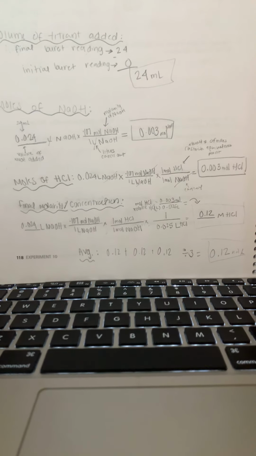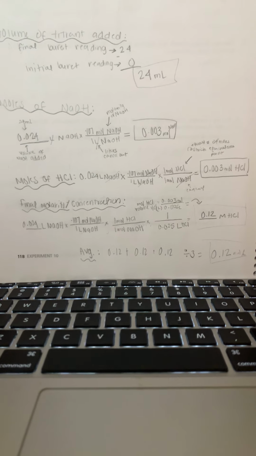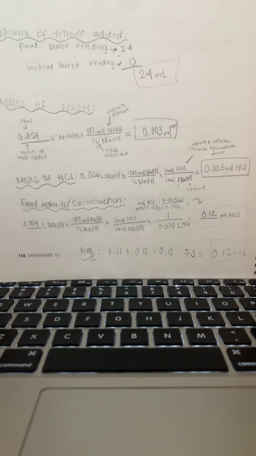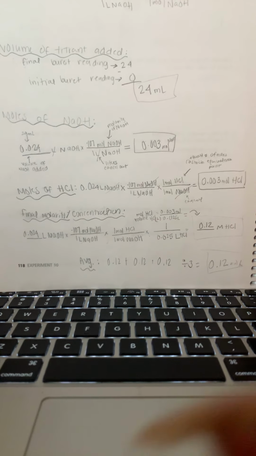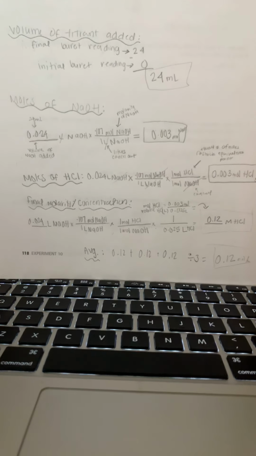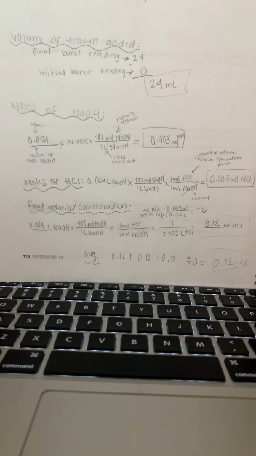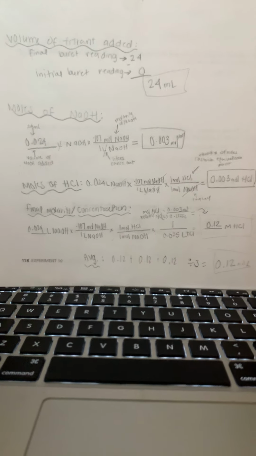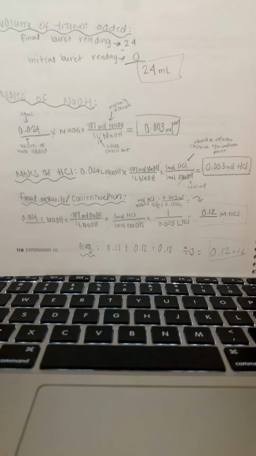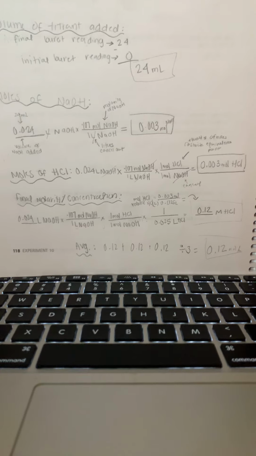Okay? And then to calculate the final molarity, or the concentration, we already had everything in place, but I wrote out the equation again so you could see it fully. The 0.024 liters of sodium hydroxide times the 0.107 moles of sodium hydroxide, divided over the 1 liter of sodium hydroxide.